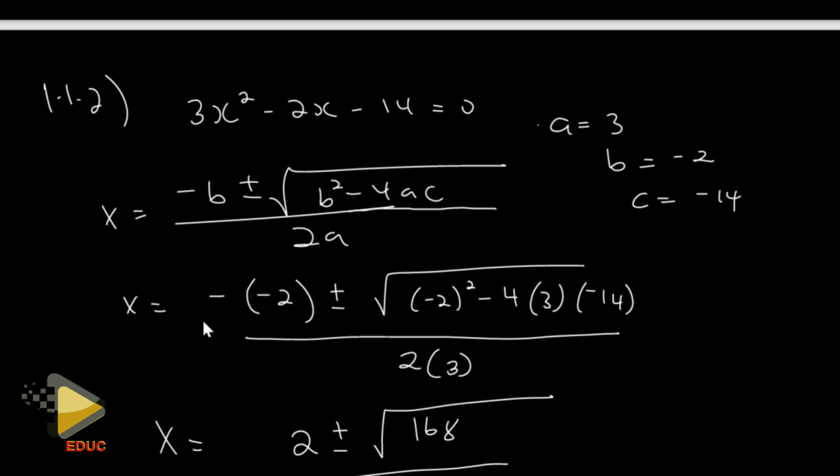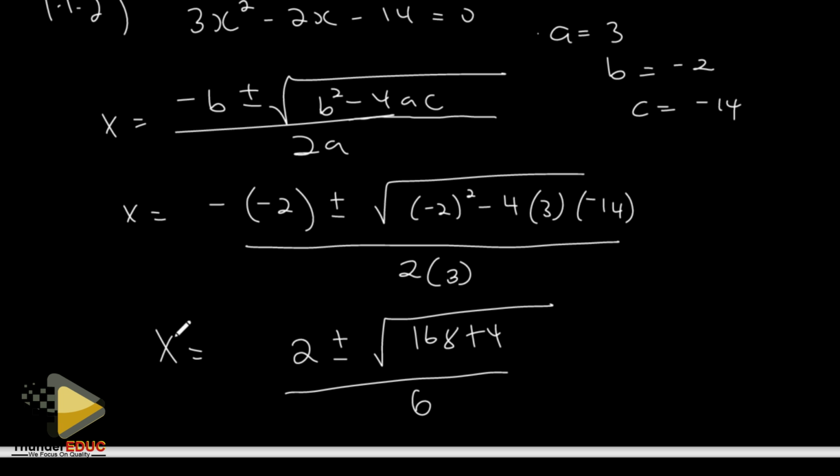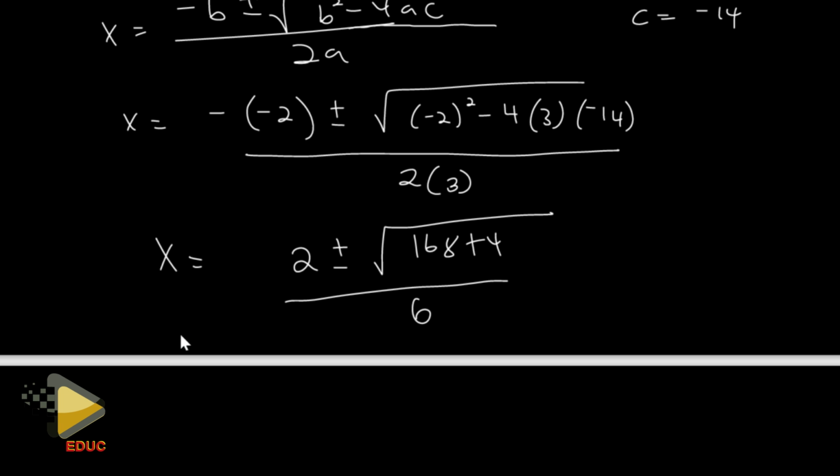So my first answer of x, if I use a positive, remember we also mark the rounding off. Someone is refusing. Oh, I did not add the 4. Thank you. Okay, so that is going to be 172. And then I do my calculator.